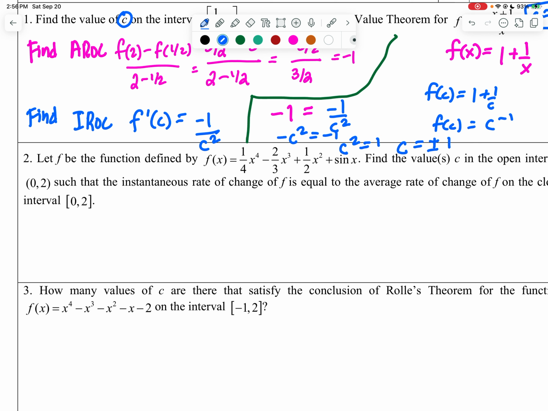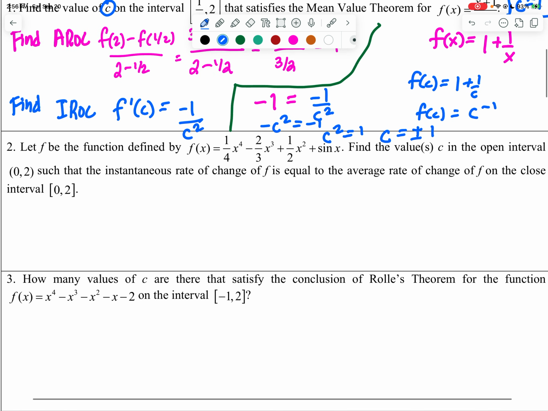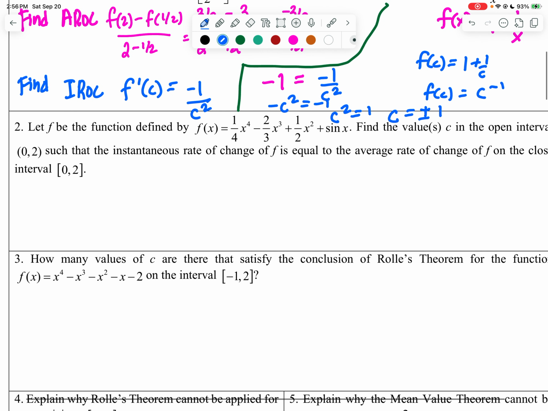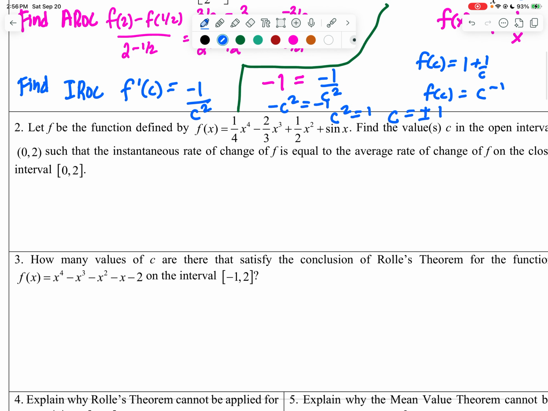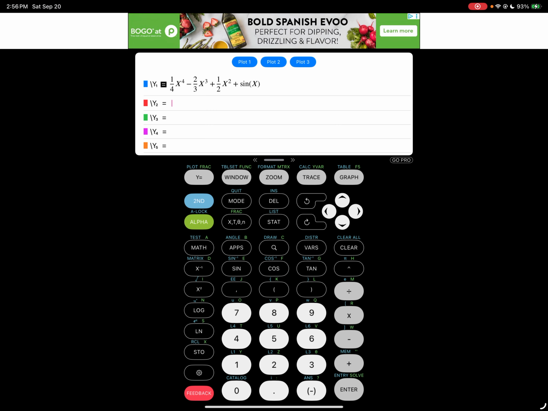So because the polynomial and the trig function sine is differentiable, f of x is going to be differentiable and therefore continuous. We're going to use our handy dandy calculator to see the c value in the open interval 0 to 2, such that the instantaneous rate of change is equal to the average rate of change from the closed interval 0 to 2. I have already put my function into y1.